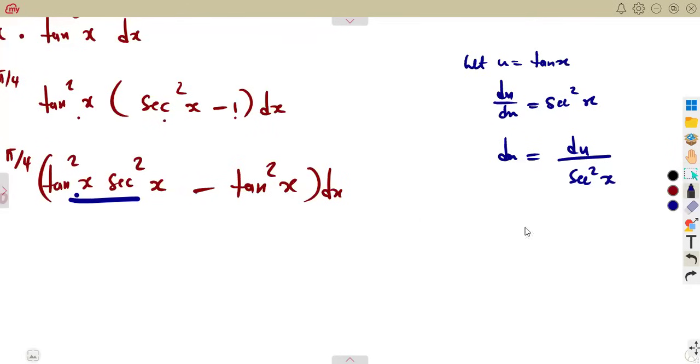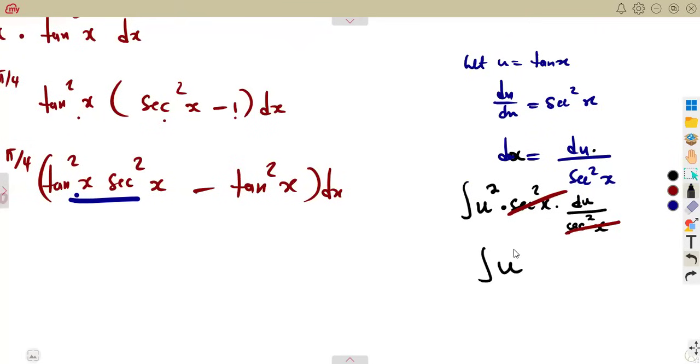So if you were going to substitute here, it is going to be the integral of tan, which is u to the exponent of 2, times sec squared x, and in place of dx, which is now given as du over sec squared x, like this, where this can cancel to this.